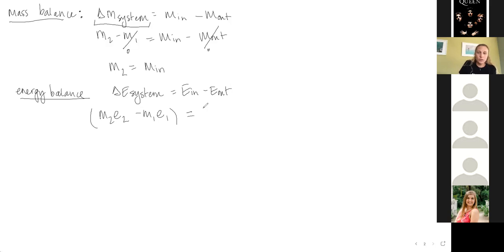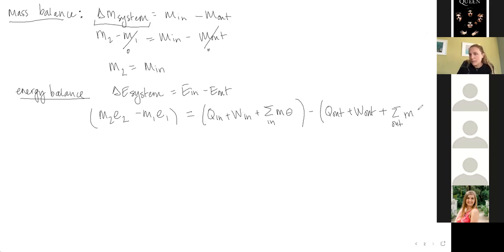And these are equal to our Q in plus work in plus the summation of all incoming mass times fluid flow energy, minus Q out plus work out plus the summation of our outgoing mass times our fluid flow energy terms.